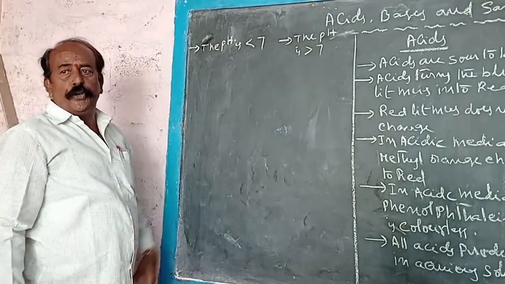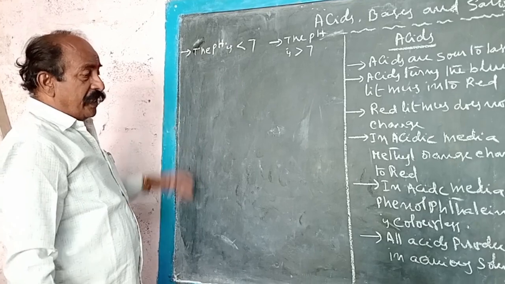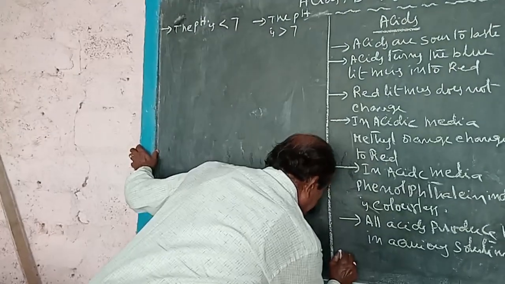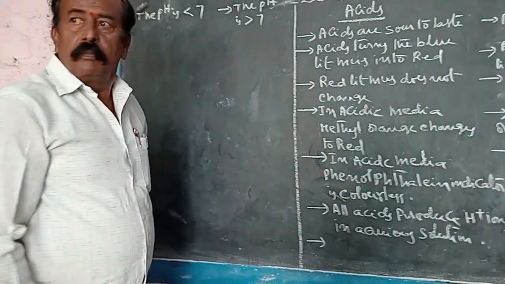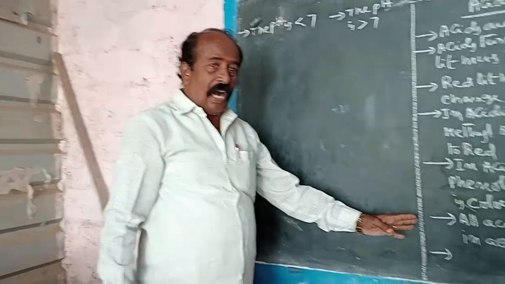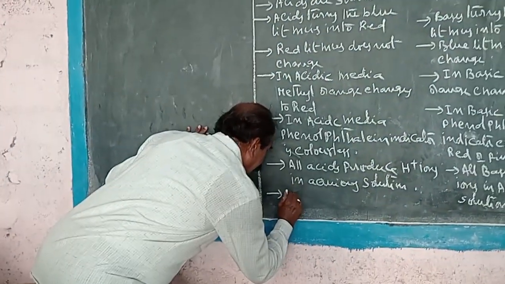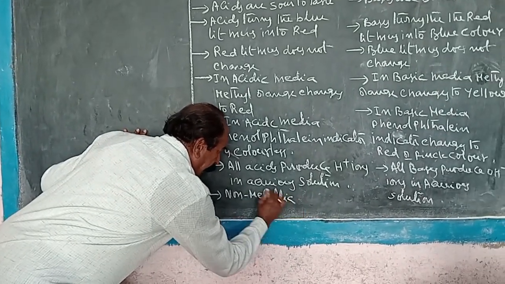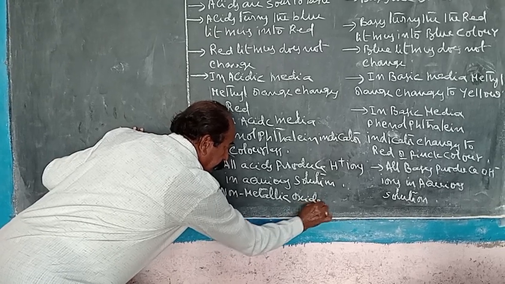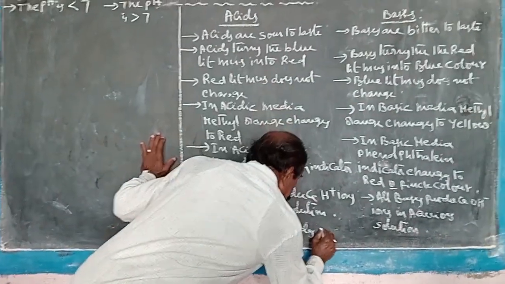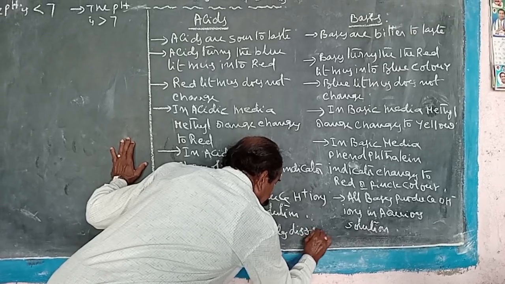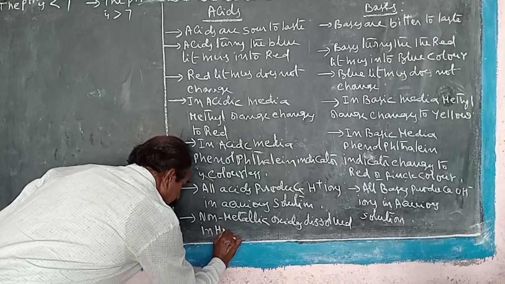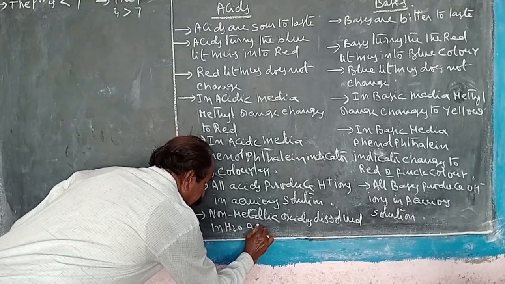How are the acids produced? Here is one more important point. When a non-metallic oxide dissolves in water, acids are produced.